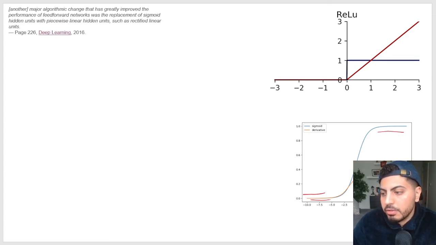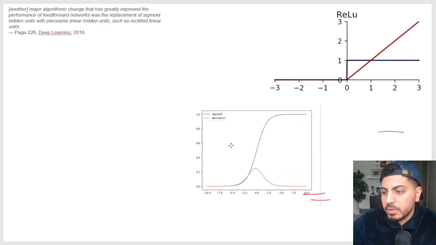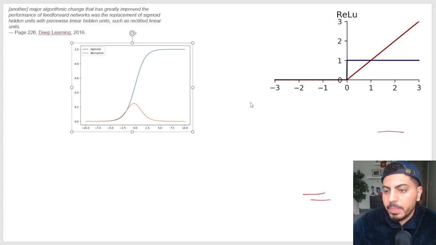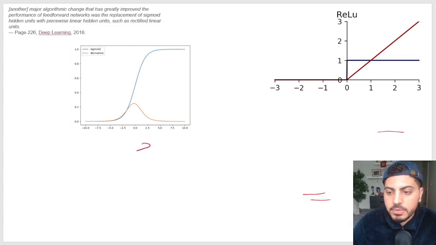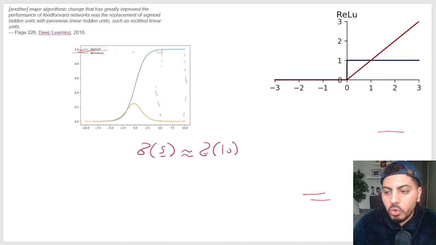Let me drag this here because it's not visible. Okay, so what is the sigmoid of 5? It's something like this, very close to 1. Sigmoid of 10, again, very close to 1. So the problem with the sigmoid is that sigmoid of 5 and sigmoid of 10 are almost the same.